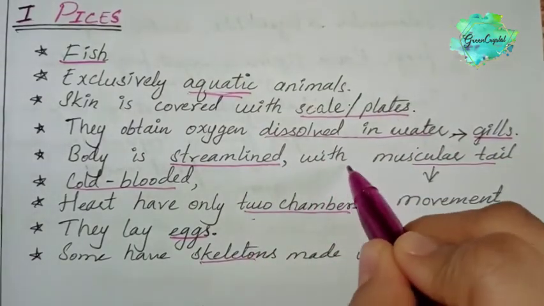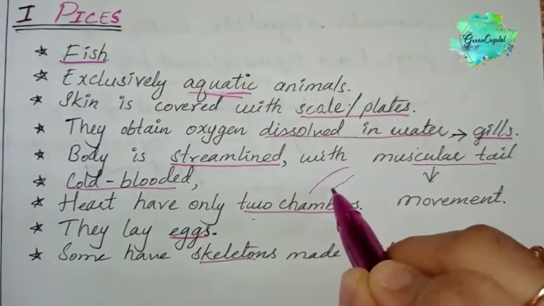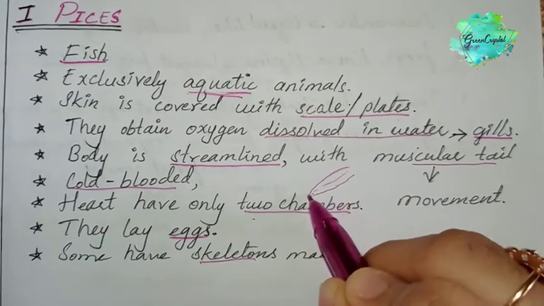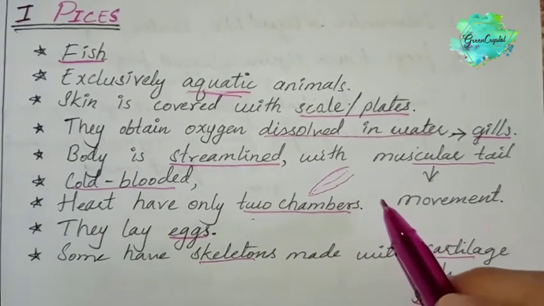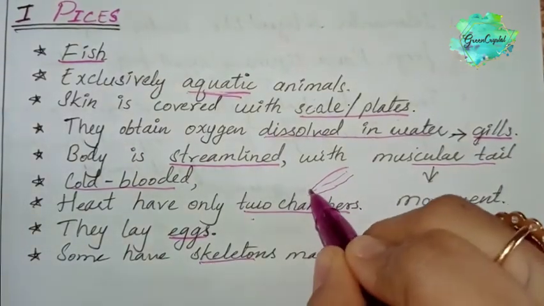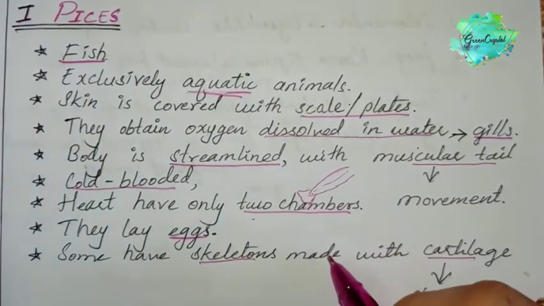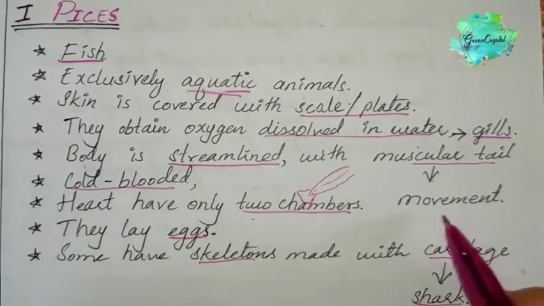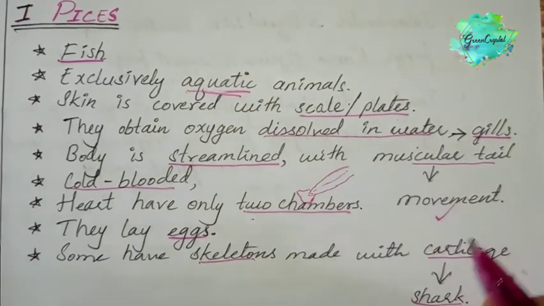How is the fish body? In a streamlined shape, with a muscular tail, which will be present for the movement of the fish.